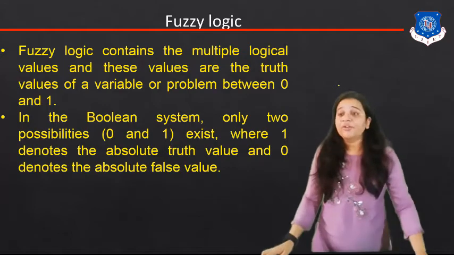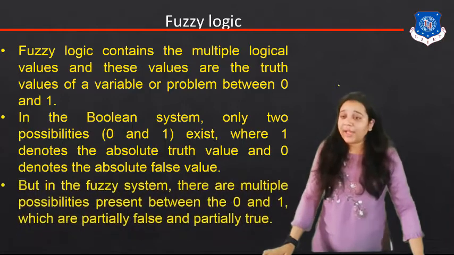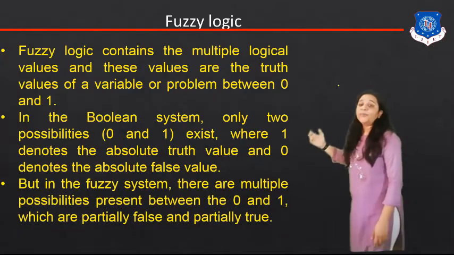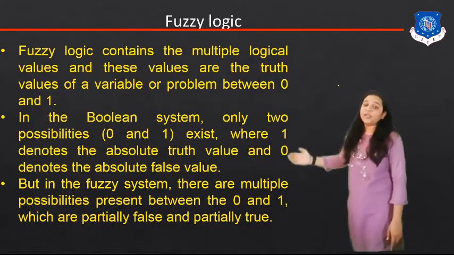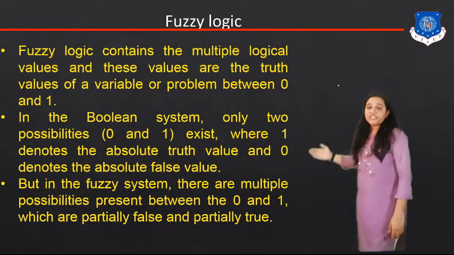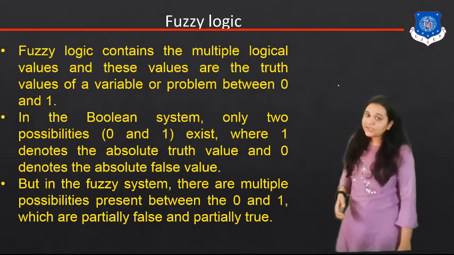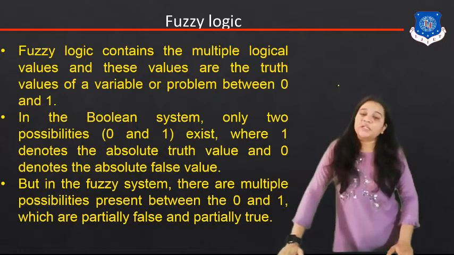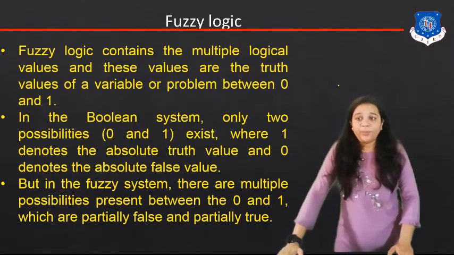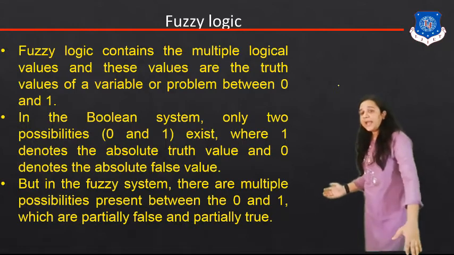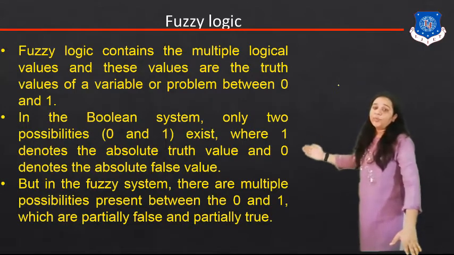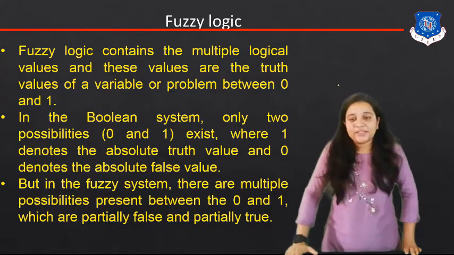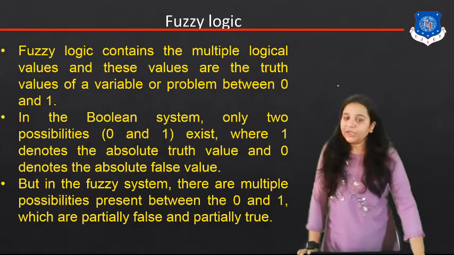But what about the values between 0 and 1? In the fuzzy system there are multiple possibilities between 0 and 1, which are partially false or partially true, depending on the system output, the system controller and the system input. We can easily identify these values for a particular system.